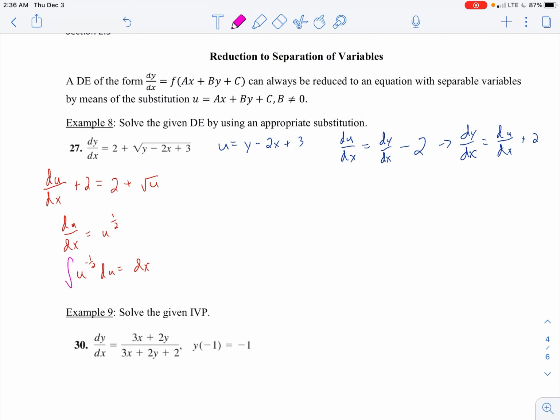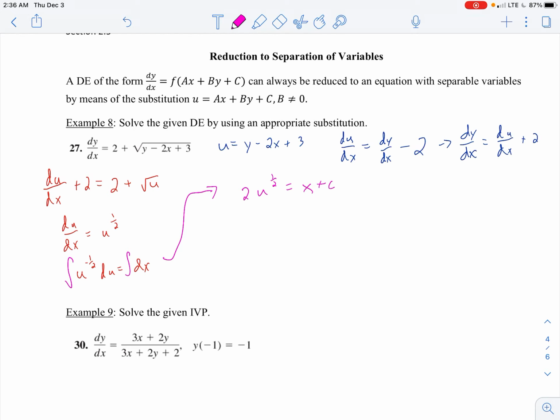Now we integrate the left and the right. On the left hand side, integrating u to the negative 1/2 gives 2u to the 1/2, which is equal to, on the right hand side, x plus c.